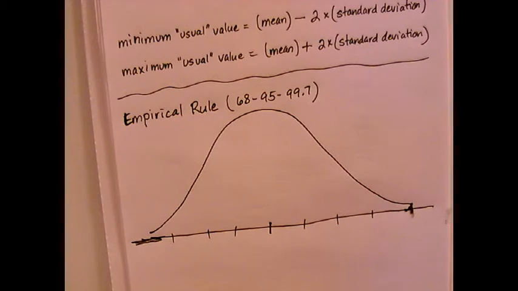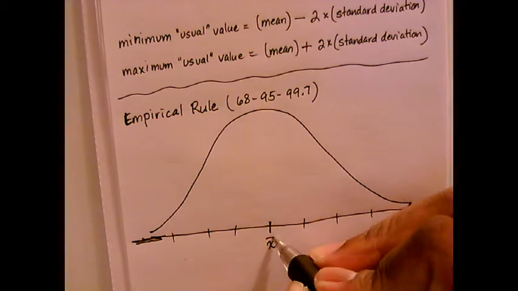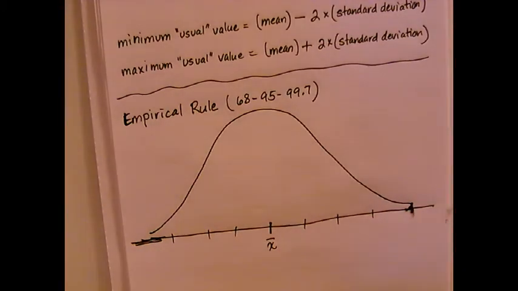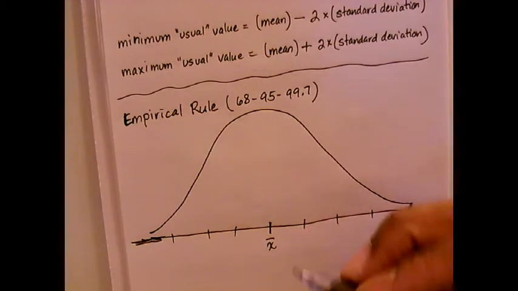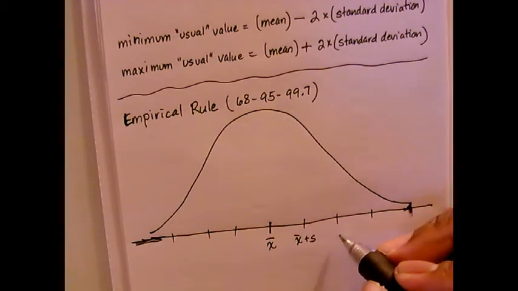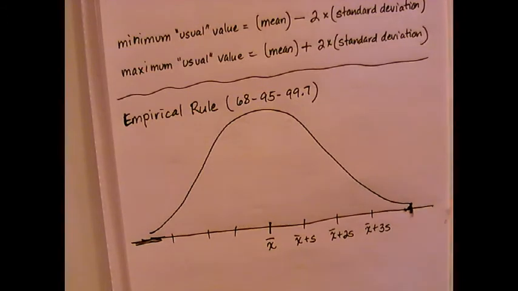Now let's say that the mean is at the center of this normal curve. So here, the center right here is your x bar. That's your mean. And then we have standard deviations here. If I go one standard deviation to the right, it'll be x bar plus s. Go another one, it'll be x bar plus 2s. And then go out another one, it'll be x bar plus 3s.